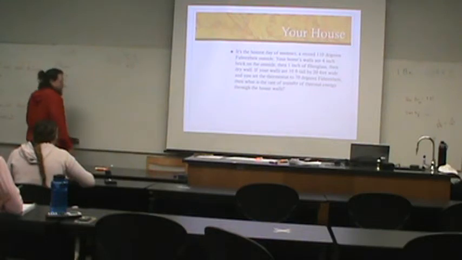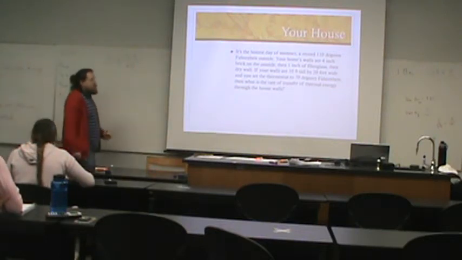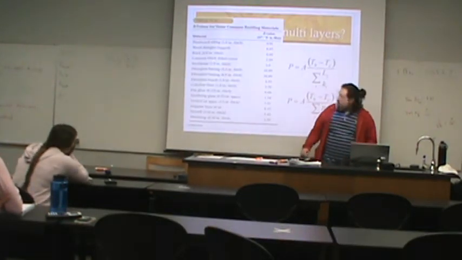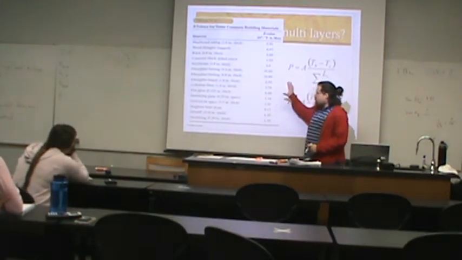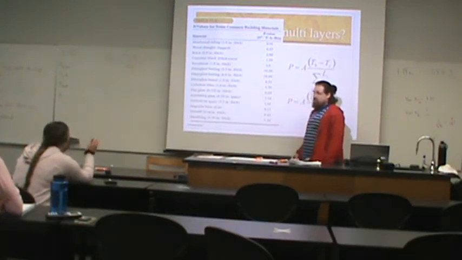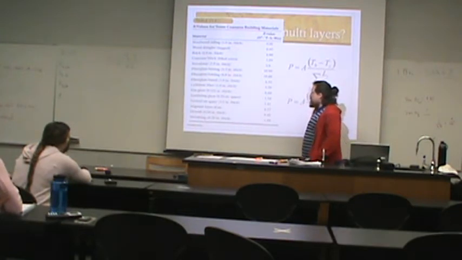Wait, why don't we know the thickness of drywall? Or is that never? Apparently that's just a standard, because if you look at the table, it does say thickness. We're going to assume half an inch of drywall. So they don't tell you, just assume the R value that it has?